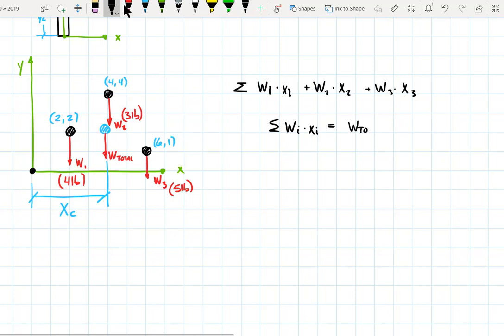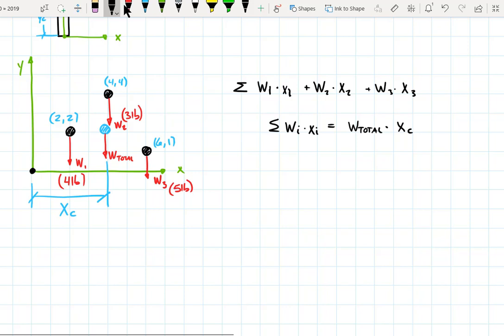So the blue dot is the summation of all the weights together, and it has some distance from the y-axis, same place I measured all these x1, x2, x3s. Those two moments, the summation of moments on the left-hand side of the equal sign, and the total weight times however far it needs to be from the y-axis, those should be the same thing.